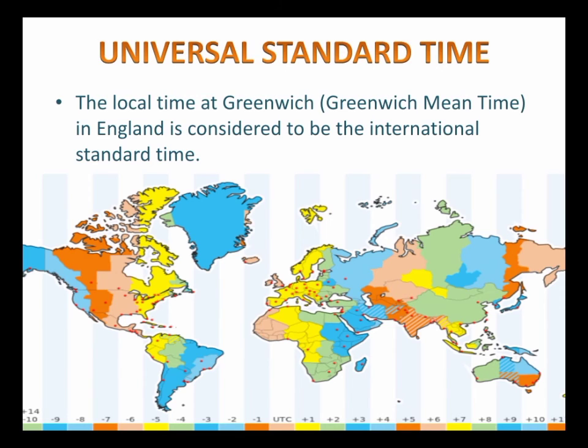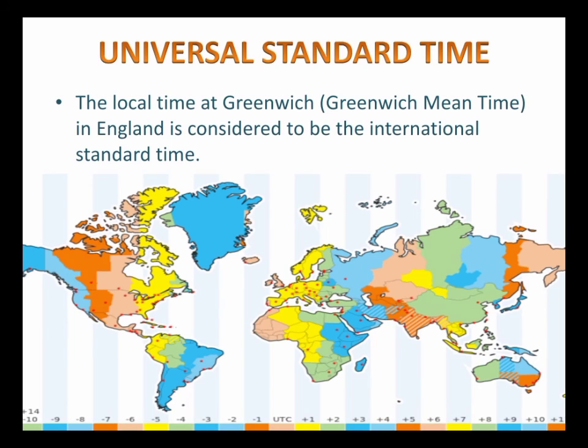Now, does universal time mean for one country or for the whole world? Yes, absolutely correct. It's for the whole world. Like countries have a standard time, the world has a standard time which is called the universal standard time.